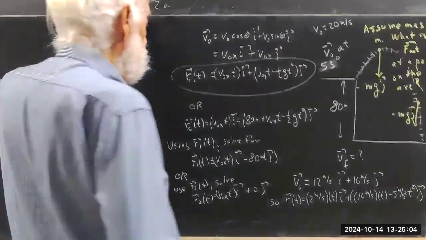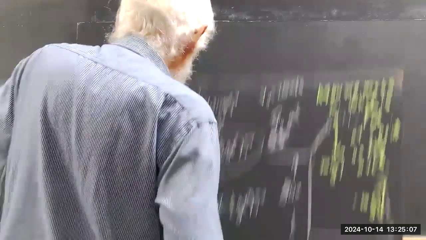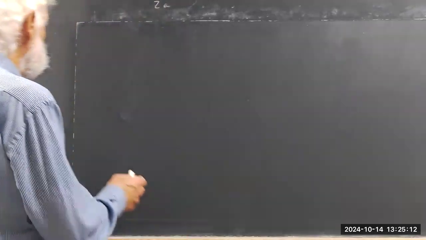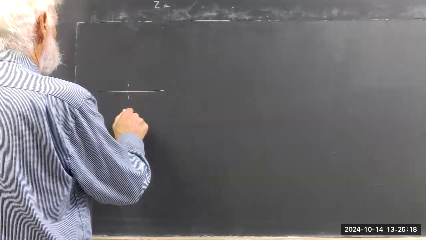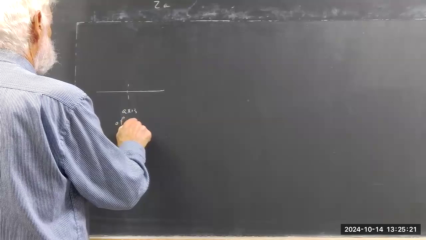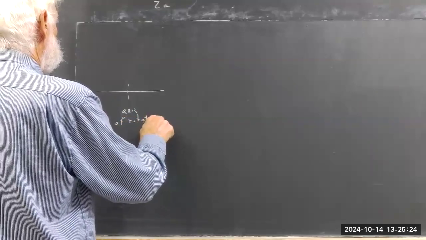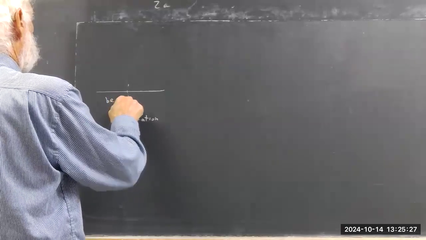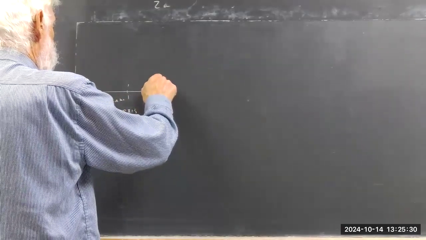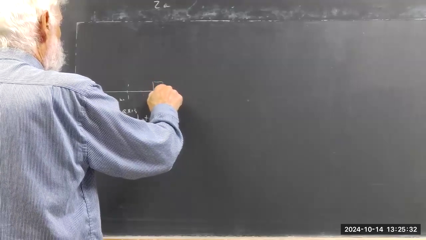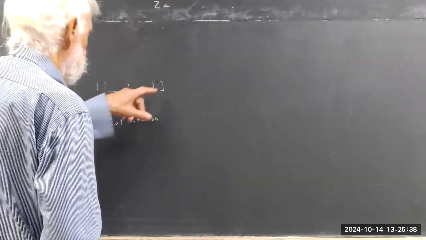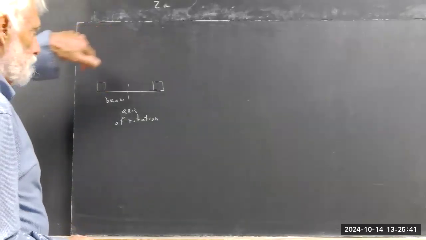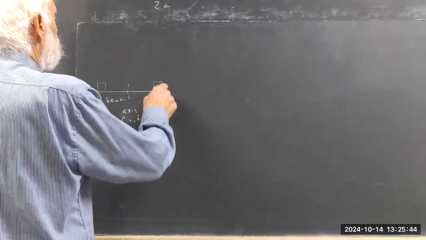Okay, the thing we just talked a little bit about, referencing a beam on the axis of rotation, you put a box here, and you balance it with something over here. And you start this thing spinning.